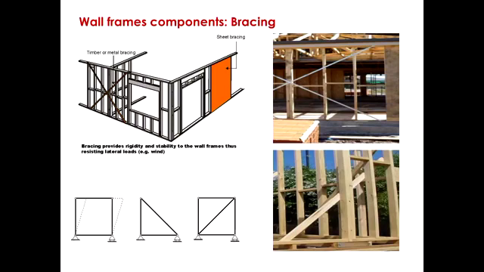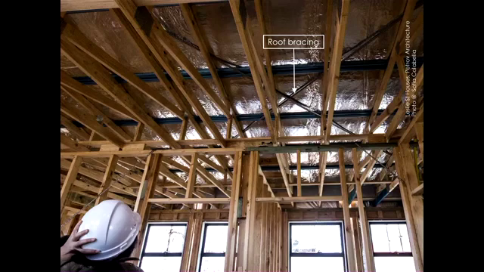There is also another possibility, which is sheet bracing, this one here. So in that case, you've got a ply panel, and that will also work in terms of bracing. So we've also seen most of these things on site.